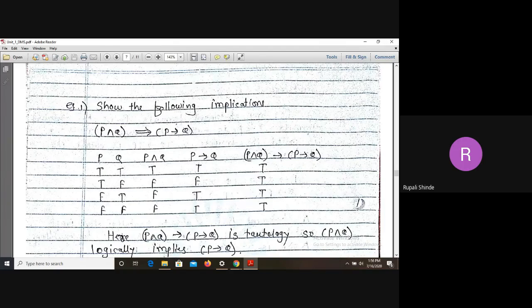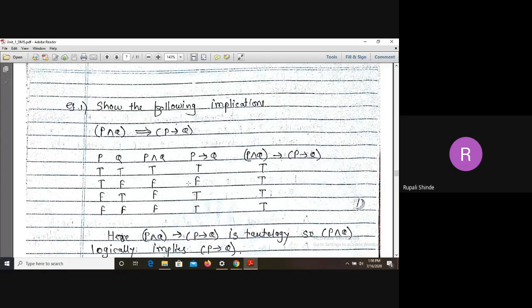If P has value T and Q has value F, then only you will get the final value F. Otherwise, it will remain true. That's why only for the second combination, T F, you will get the final value F.